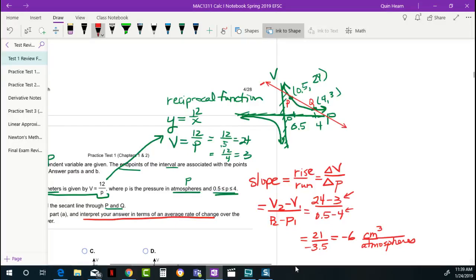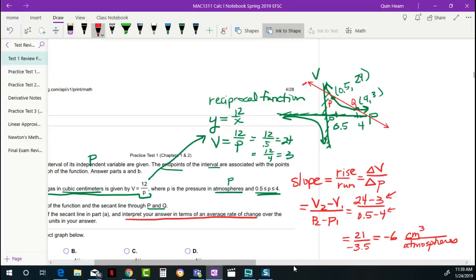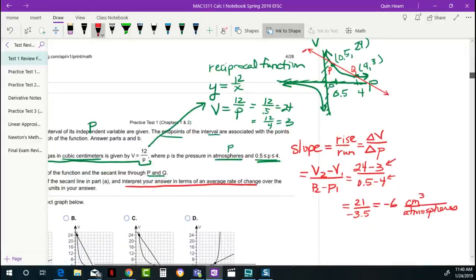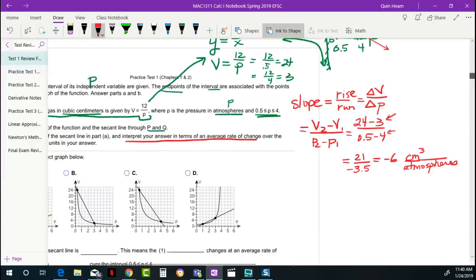Now, I don't know much about doing experiments with volume and pressure and cubic centimeters and atmospheres, but I do know that those were the units of change. So I can interpret what this function is doing over that interval. On average, it's decreasing by 6 cubic centimeters per atmosphere.